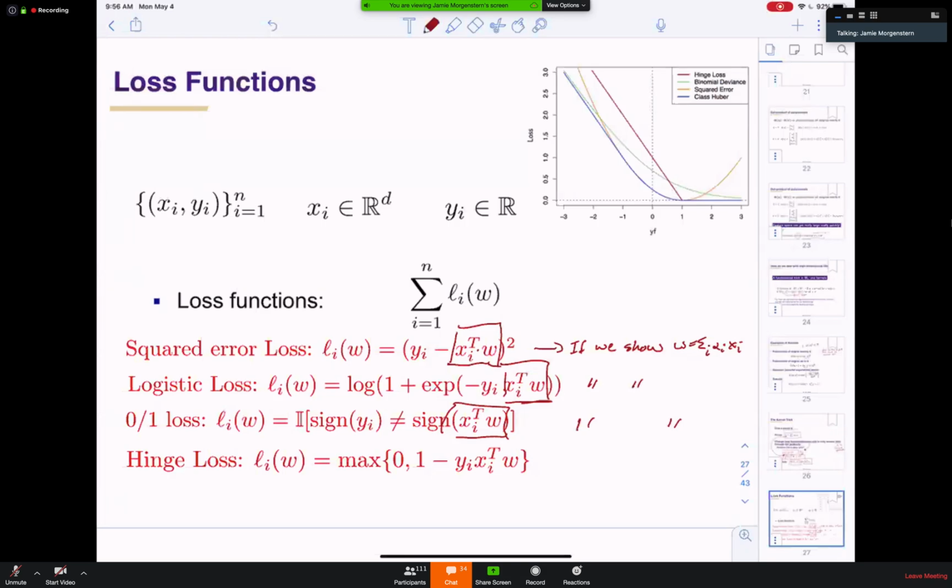And hinge loss, which is the one we were talking about for support vectors, also only ever touches xi transpose when it's taking its dot product with w.